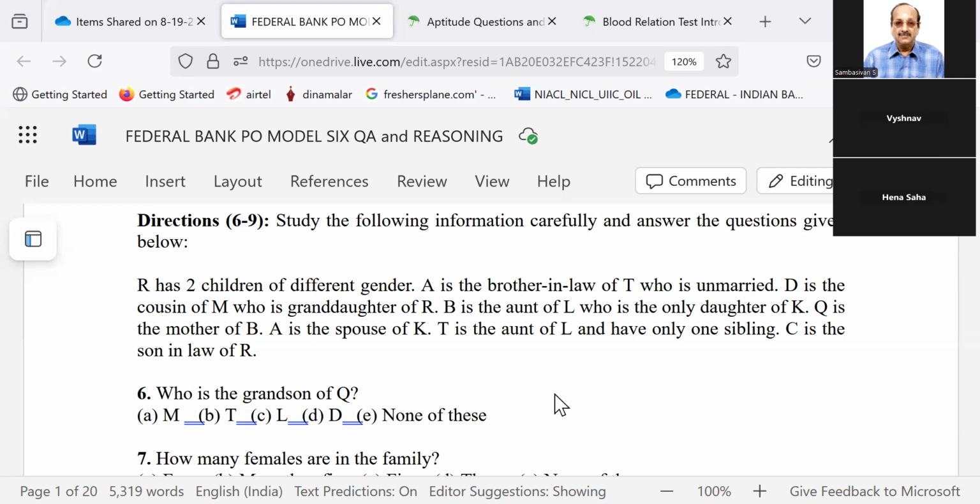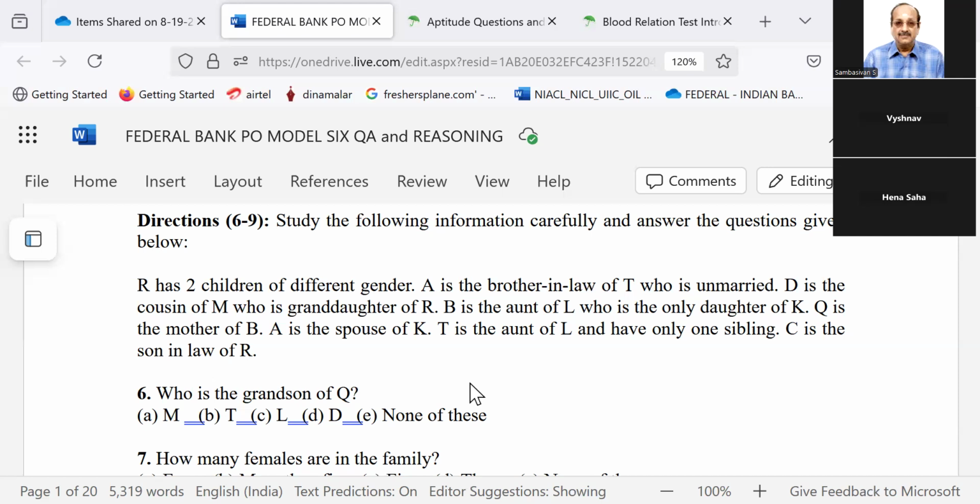Now, please draw the picture for this question. Here, what is definitely known, Vaishnav? Which information is definite here? Sir, this M is the granddaughter of R. M is the granddaughter of R. So she will come in the second line.